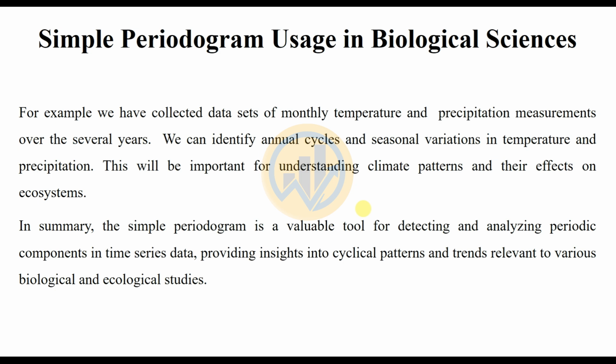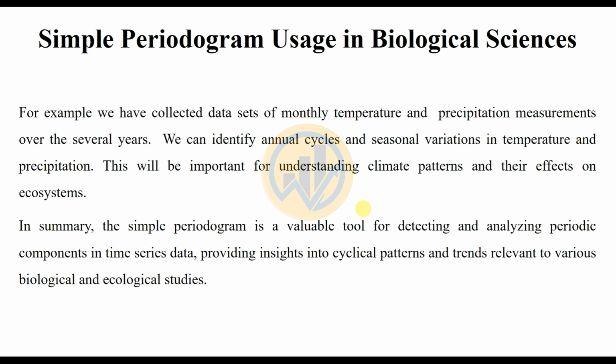This will be important for understanding the climatic patterns and their effect on the ecosystem. In summary, the simple periodogram is a valuable tool for detecting and analyzing the periodic components in time series data, providing insight into cyclical patterns and trends relevant to various biological and ecological studies.